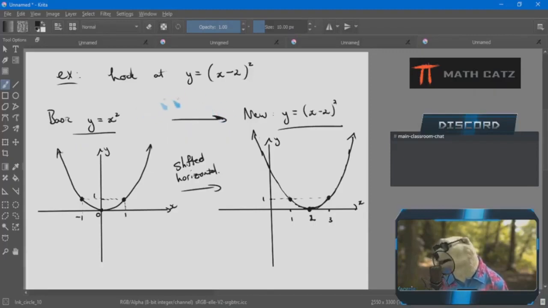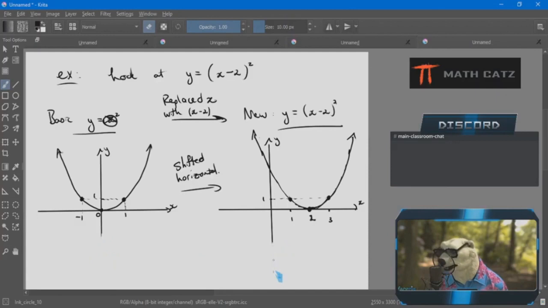The transformation that I want to see here is I took x out of the original, and in its place, I put in x minus 2. It's a replacement transformation. And if I think about it as a replacement transformation, it's going to keep me much safer and away from errors that I might not realize exist.